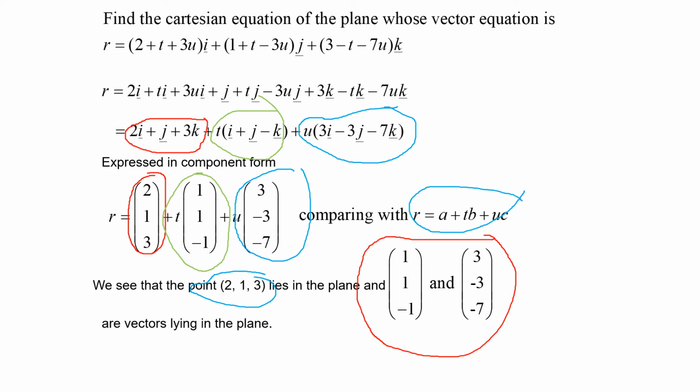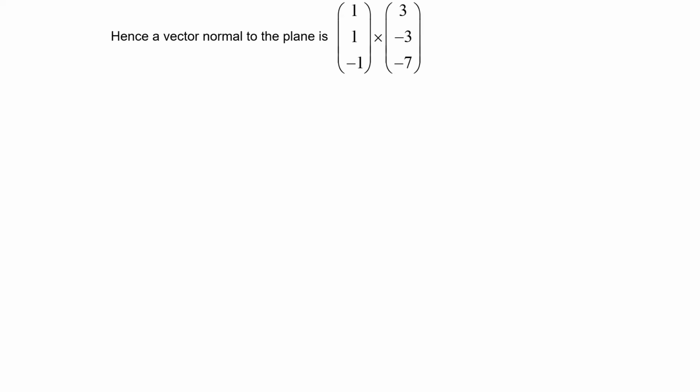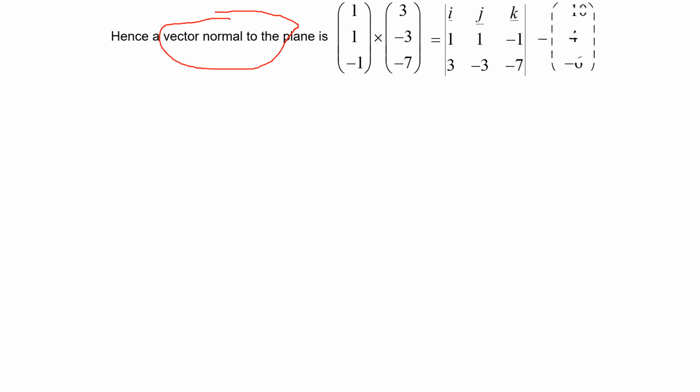So moving on, we can find the vector which is normal to the plane by simply having a cross product of the two vectors. Once you have a cross product of the two vectors, use the shortcut method that I've explained in my earlier slides to identify the normal vector in terms of i, j and k.